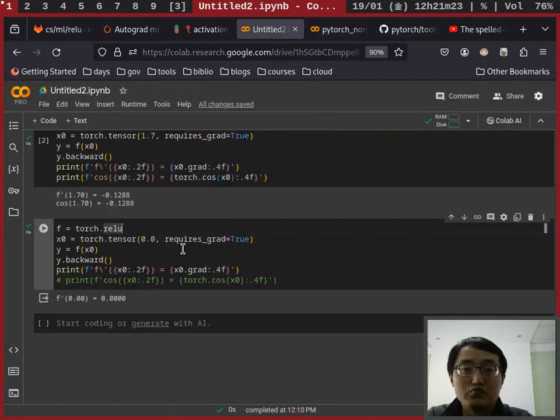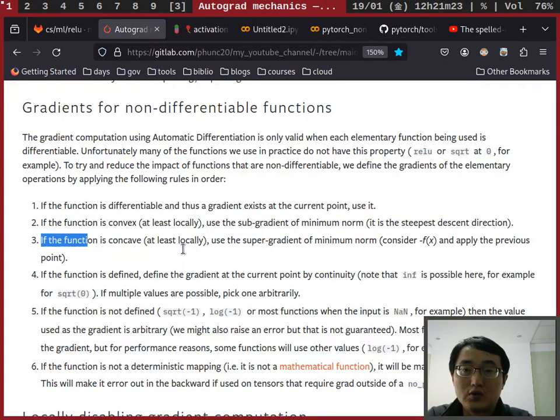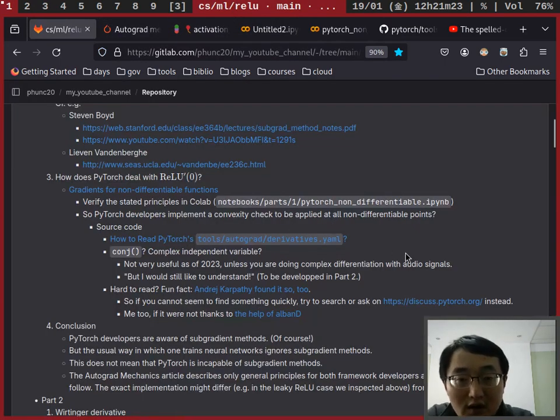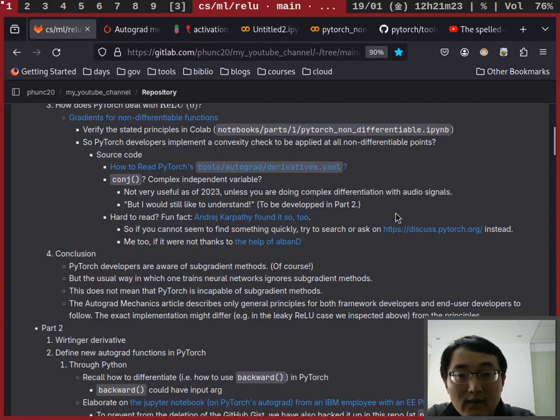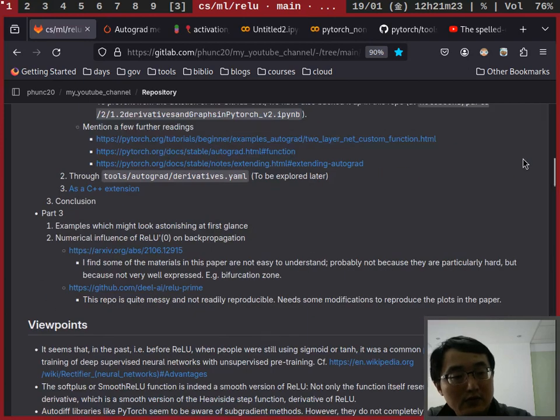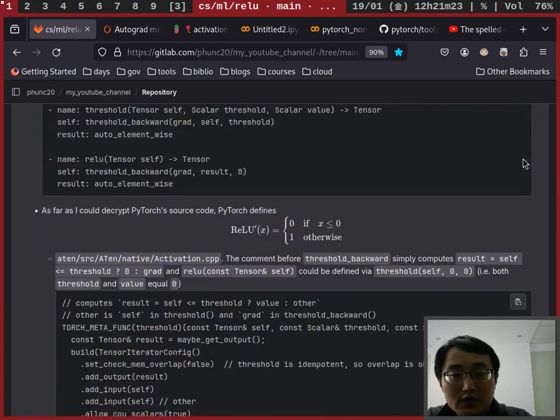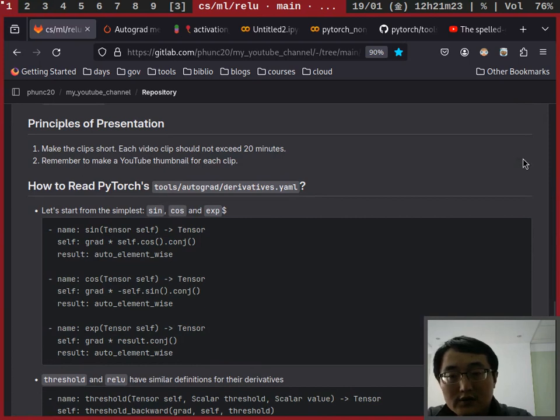So let's go back to our notes. I have written down the notes here. There is sine and there is cosine. Cosine will be grad times minus sine dot conj, and exponential will be simply grad times result dot conj.